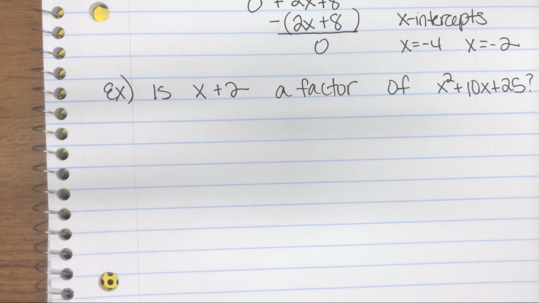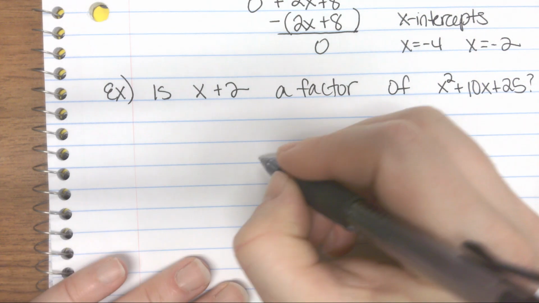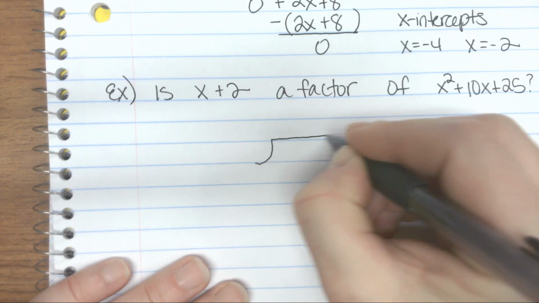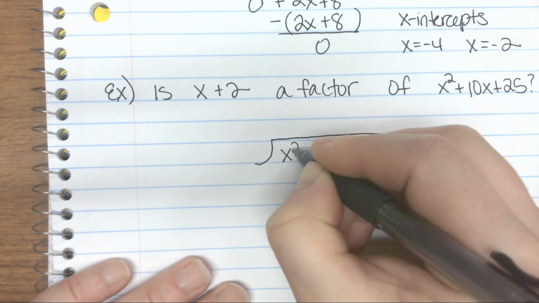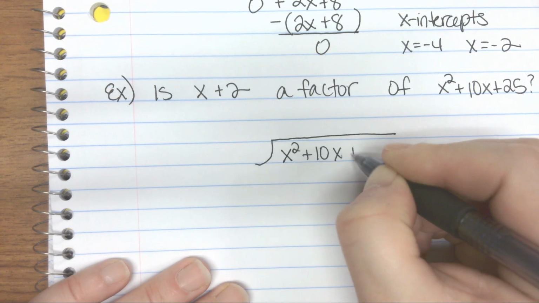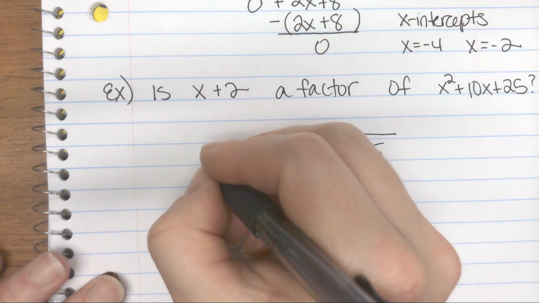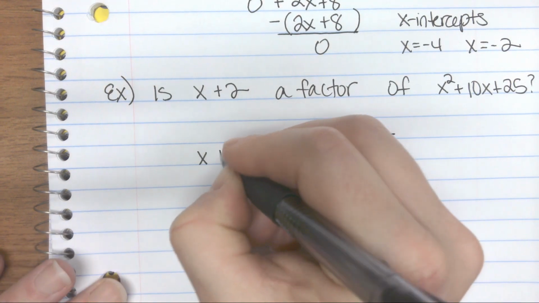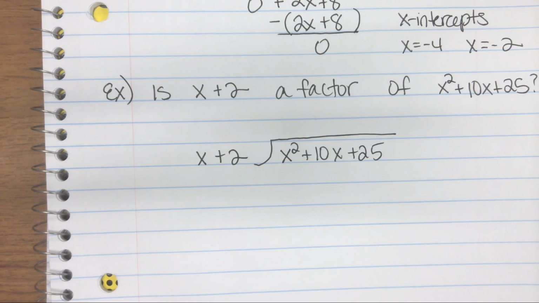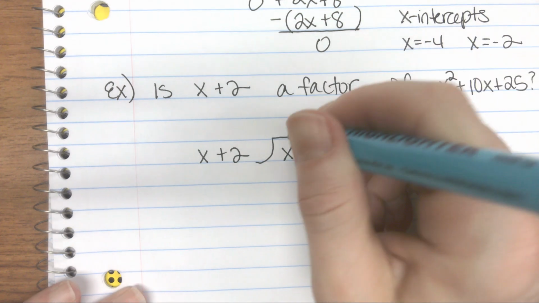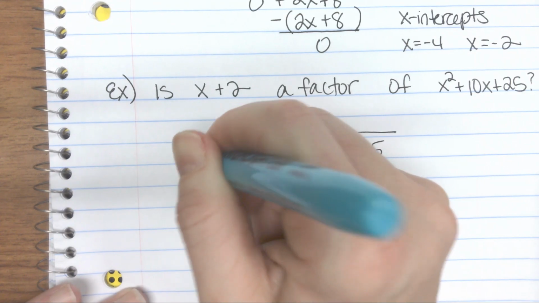Okay. So we're going to put in underneath x squared plus 10x plus 25, then the outside, x plus 2. We're going to just look at those.